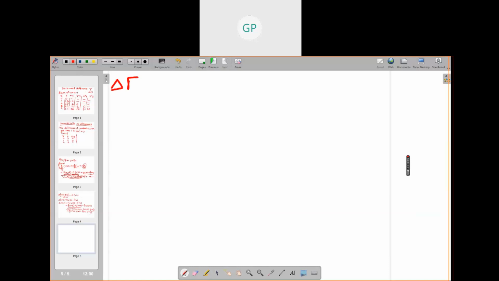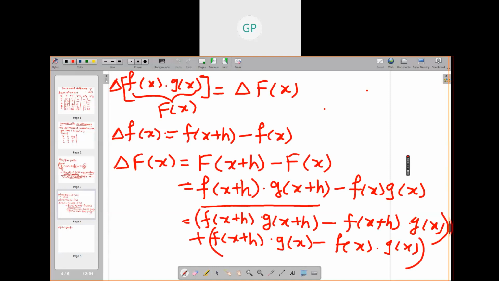So delta of f of x, capital F of x, see what it was. I will just erase it and rewrite it as delta of, in the bracket, f of x into g of x is equal to, where were we? Now go to this page.